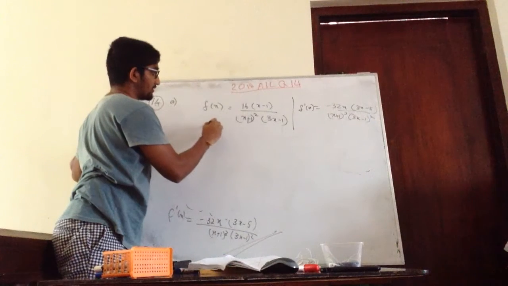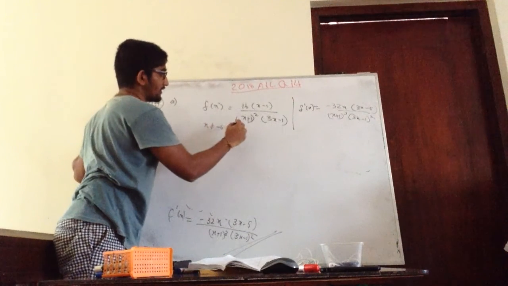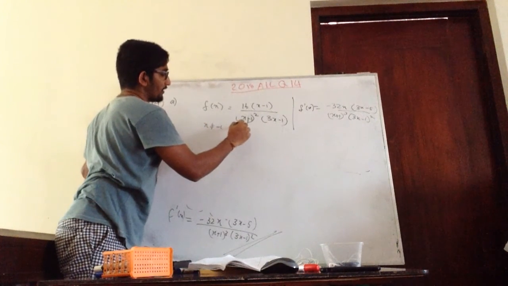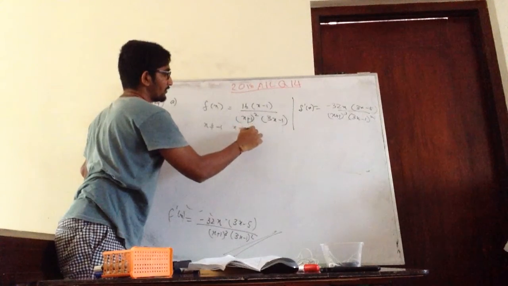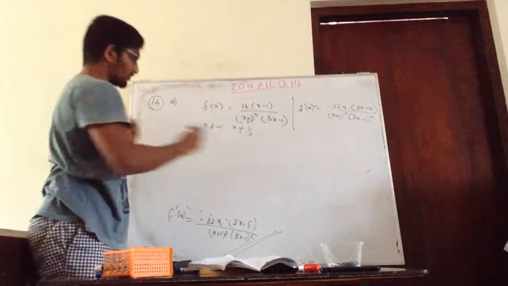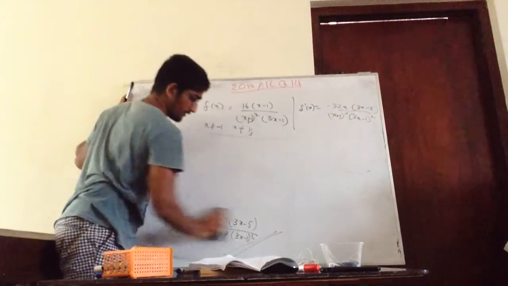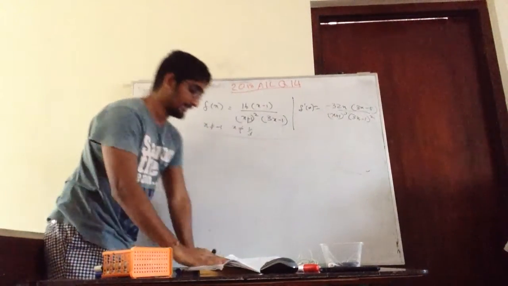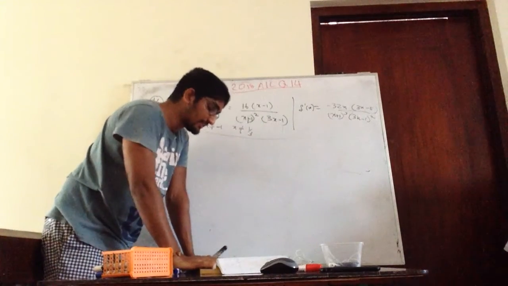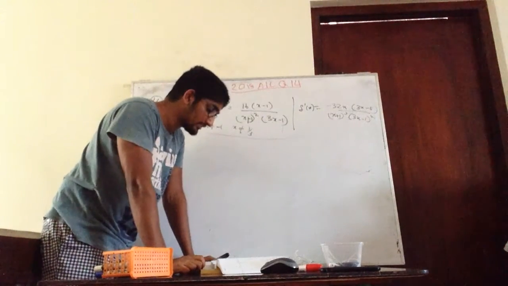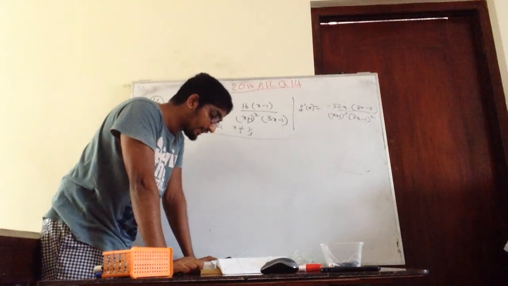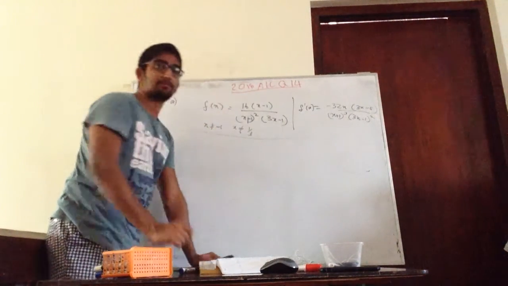Here they say x is not equal to −1 and x is not equal to 1/3. So this is basically the summary now. What do we need to do next? Next they are asking, sketch the graph of y = f(x) indicating the asymptotes and the turning points.